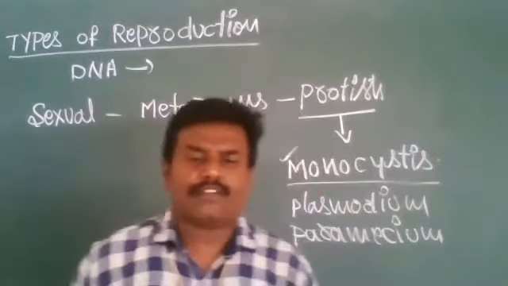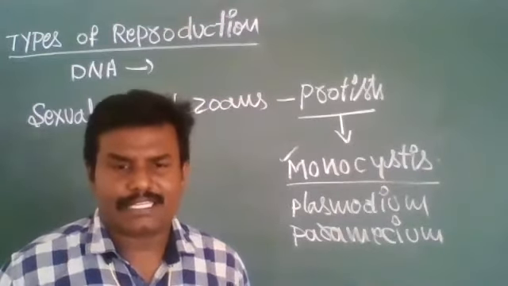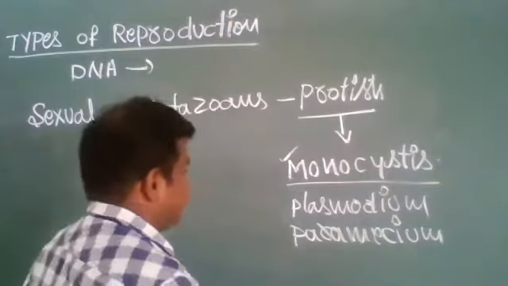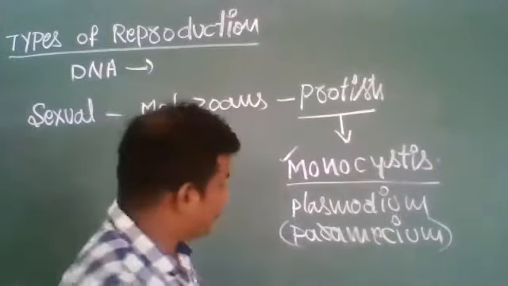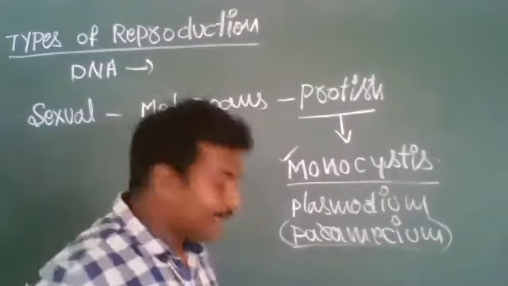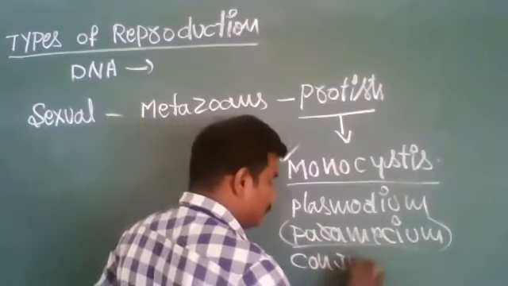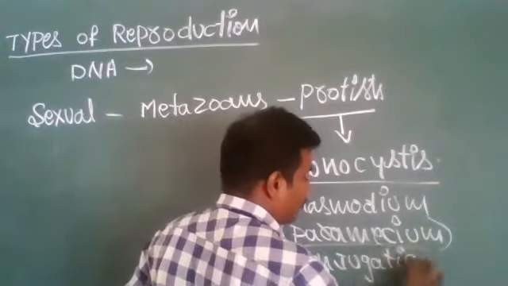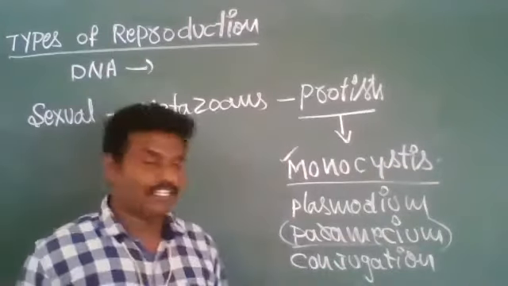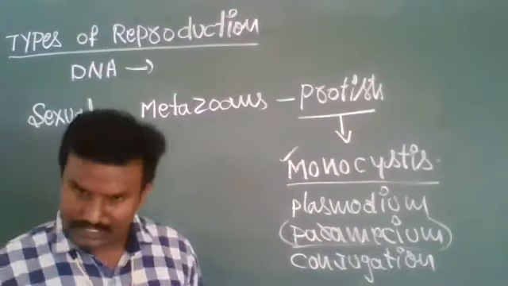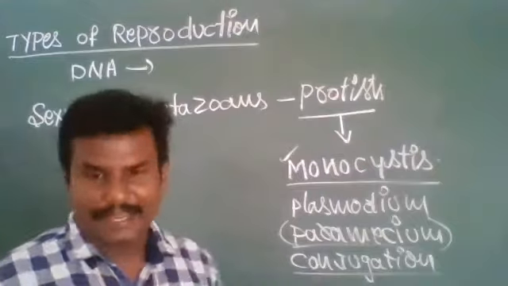A special type of sexual reproduction takes place in Paramecium, and that is called conjugation.